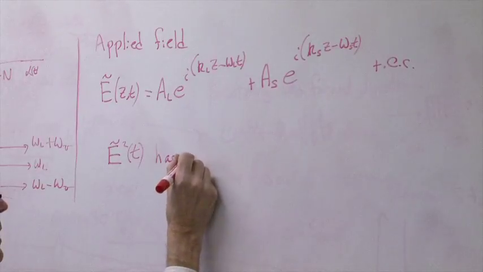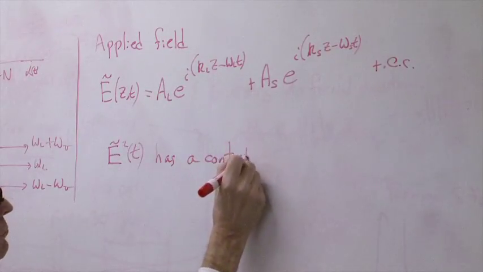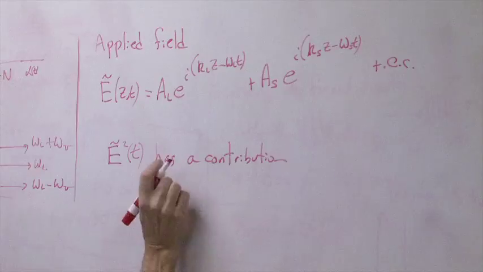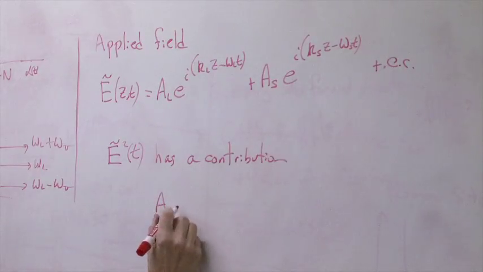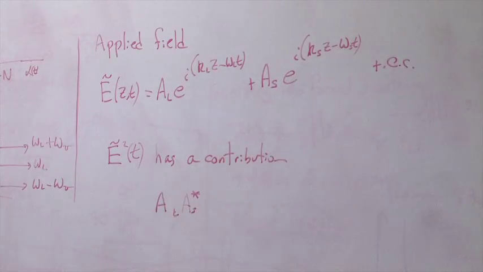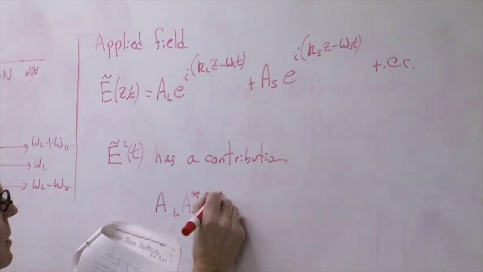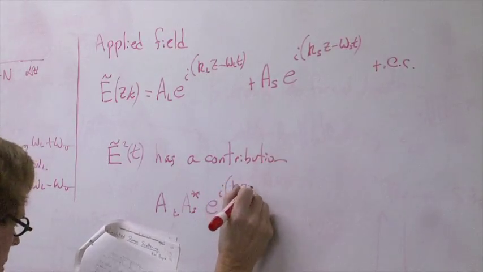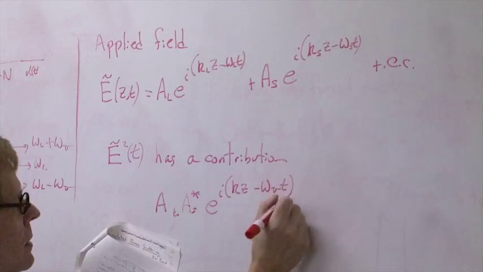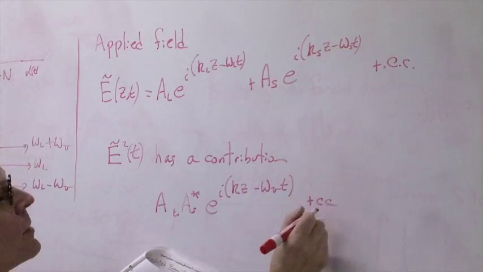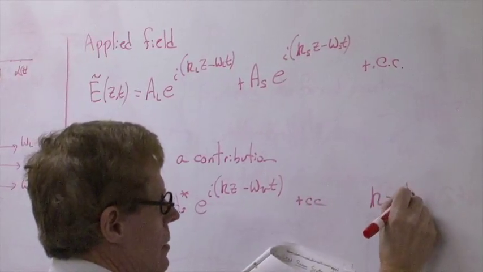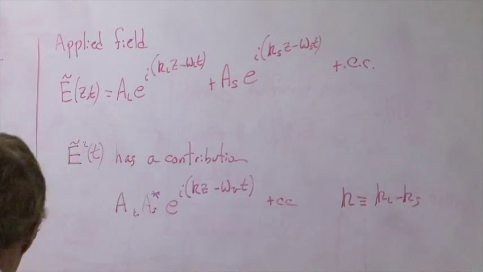E squared of t has a contribution that is given by a laser, a Stokes star, e to the i (kz minus omega v t) plus complex conjugate, and here I just defined k to be k laser minus k Stokes.